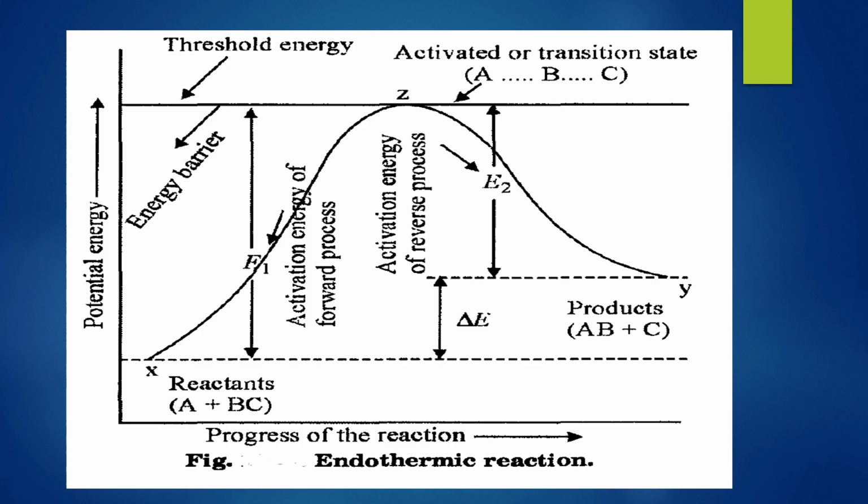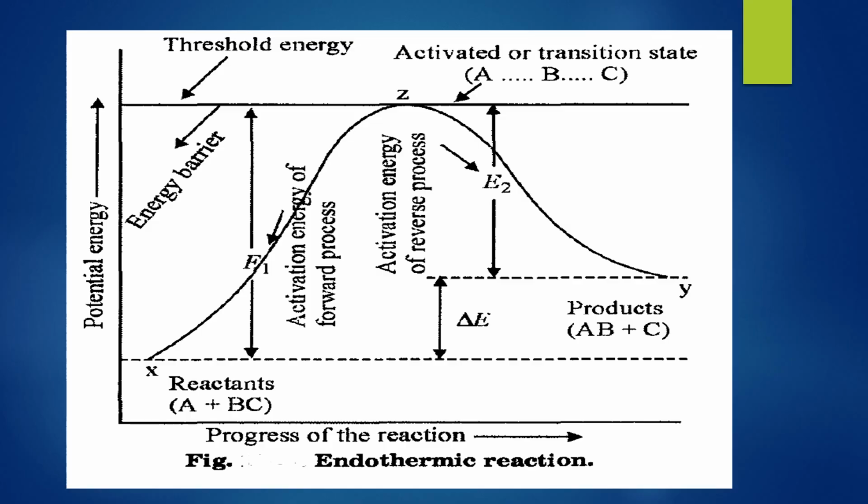X is the original energy possessed by the reactants in the initial state, and Z is the energy gained by the reactant molecules by means of successive collisions with each other, by which they are now ready to convert themselves into a product with the proper orientation of structures and bonding between the atoms. And finally the state Y, where the products are now ready to separate, as AB and C, a new type of product.